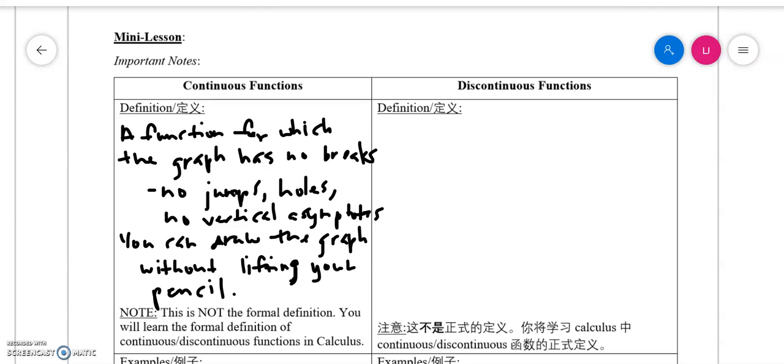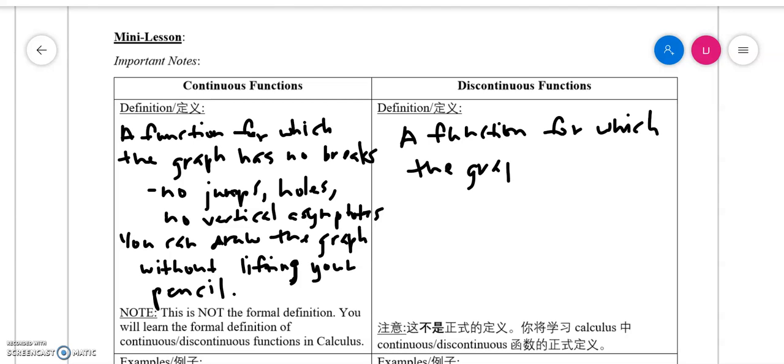Again, these are informal definitions; you will learn the formal one in calculus next year. So of course, a discontinuous function is going to be the opposite of this. It is a function for which the graph has jumps, holes, or vertical asymptotes. So it has breaks.